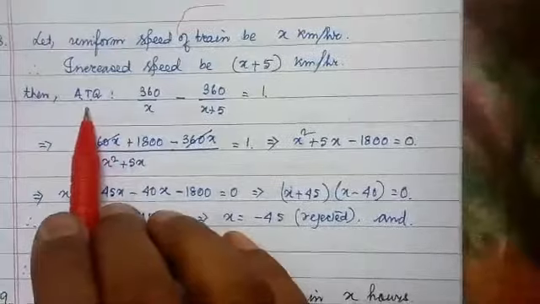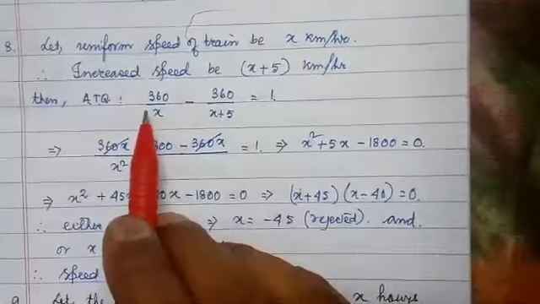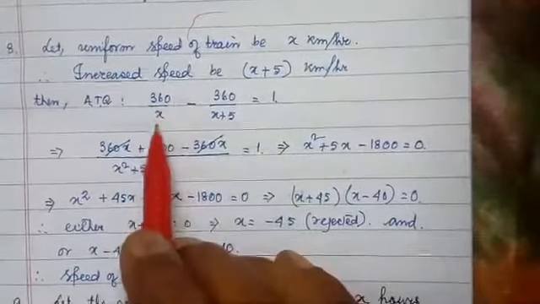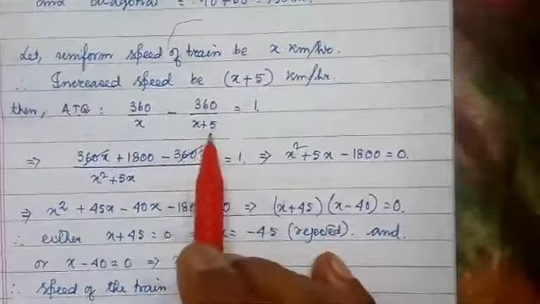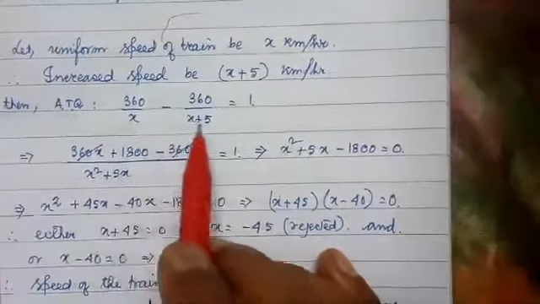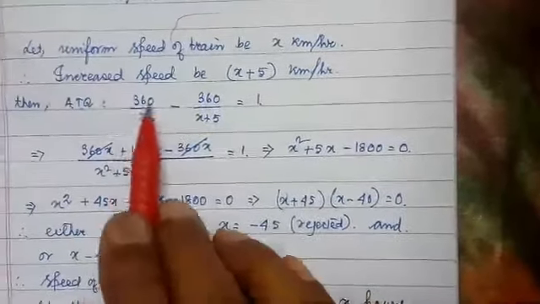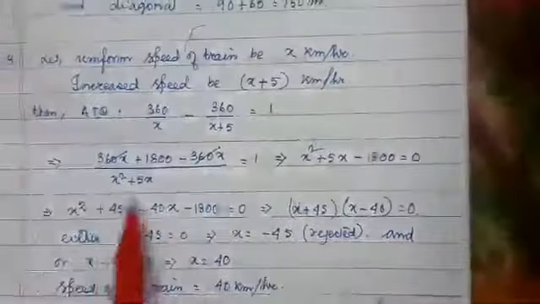Then according to the question, what is the total distance? 360 km. So the usual time taken is 360 by x, and now the time taken is 360 by x plus 5. Now the time difference is 1 hour, 1 hour less. So 360 by x minus 360 by x plus 5 is equal to 1.